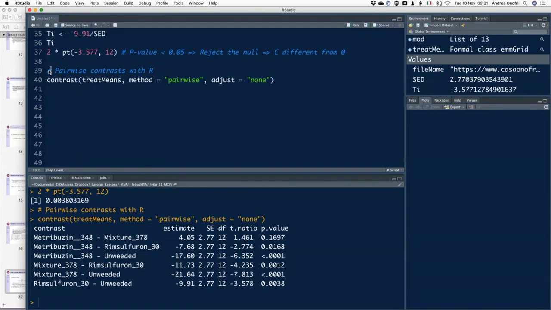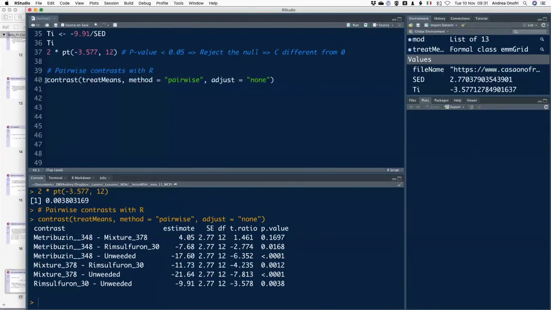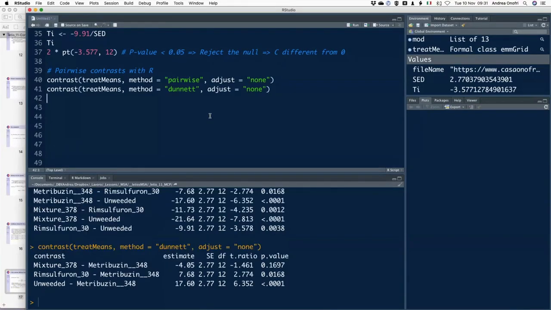So I'm passing you this code here. And I'll show you that we can compare all against one by simply writing here method equal dunnett. I think I need a double t. Yeah.